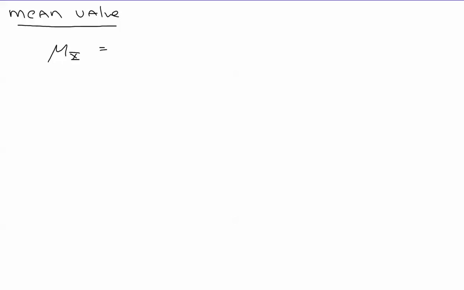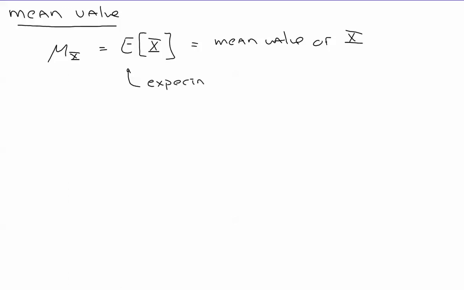It's also represented this way with a capital E. This all means mean value of some random variable, capital X. This designation means expectation, or expected value.